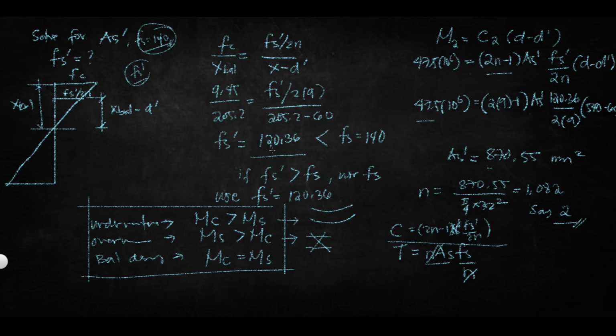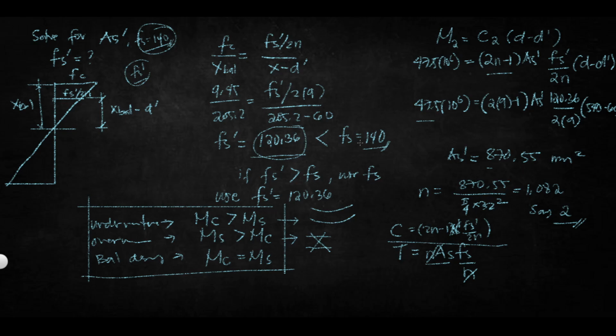As you can see, hindi niya po naabot yung allowable na 140. Kaya po sinabi ko, no? Kasi gusto natin yung steel ang unang makaka-reach. So, may instances po, class, na ma-reach na din yan. Okay? So, ngayon, if your Fs prime is less than 140, so ang gagamitin nating stress sa compression steel is, of course, the 120. Hindi po 140 kasi hindi niya na-reach.